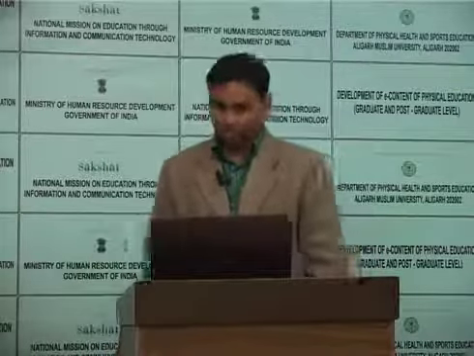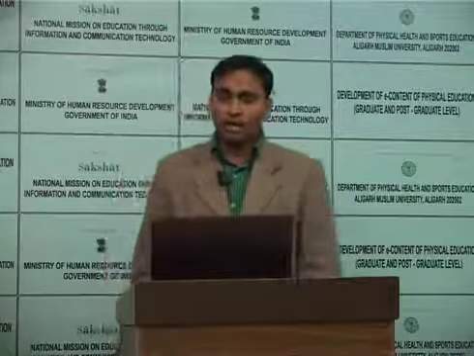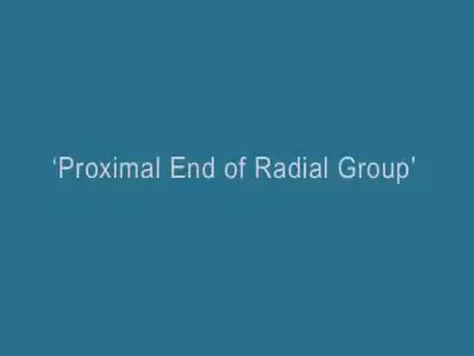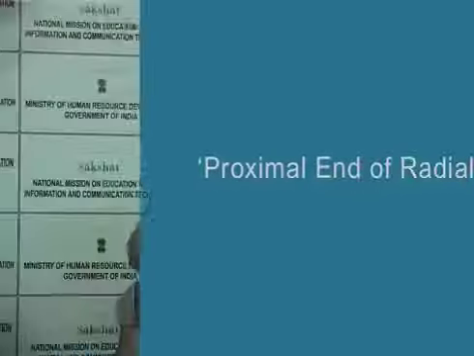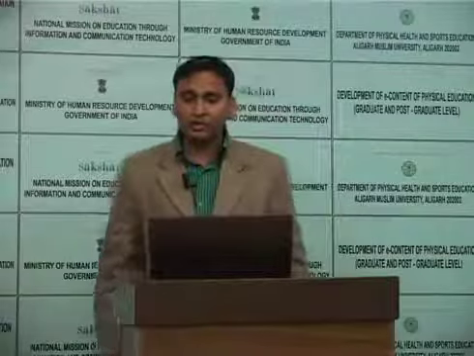The second is the lateral head. The lateral head arises from the proximal end of the radial groove. You can see this is the radial groove, and the lateral head originates from here, from the humerus. And third is the medial head or deep head, which arises from the same surface on the humerus but distally on the radial groove.